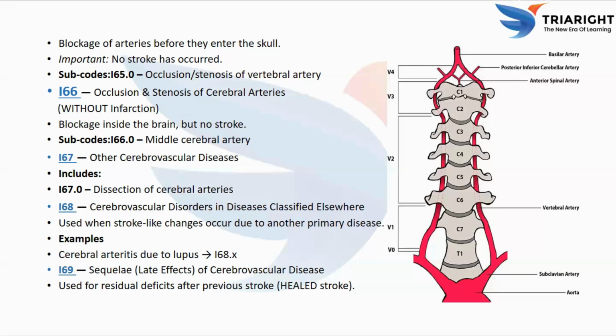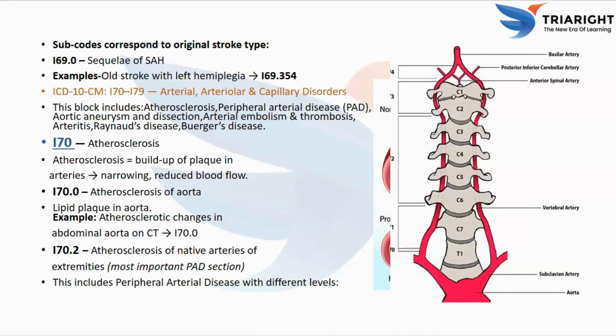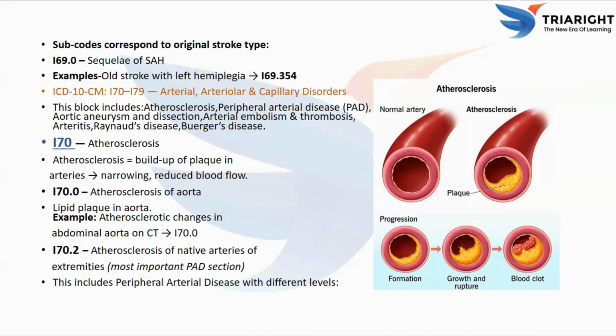So when do you use I69? You use it for weakness after an old stroke, for speech difficulty from a past stroke, or for memory issues due to an old infarct. This is not used for an active stroke. It is only for the long-term effect. What is a subcode of I69? I69.0, it is sequelae of SAH.